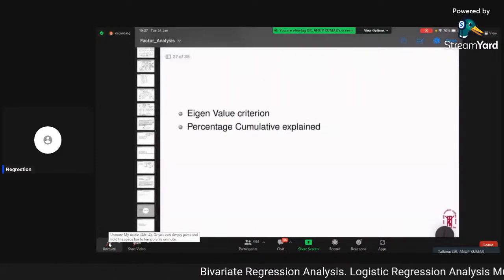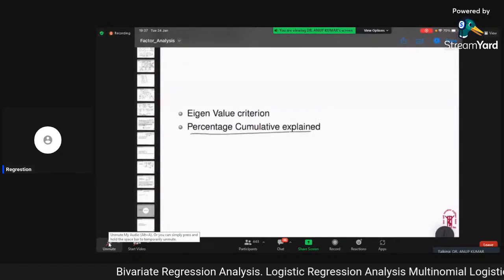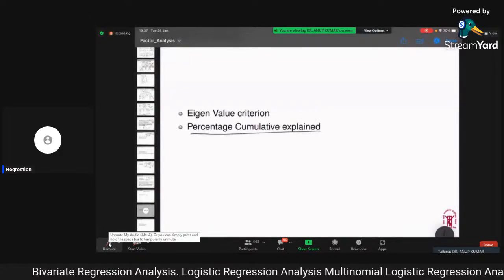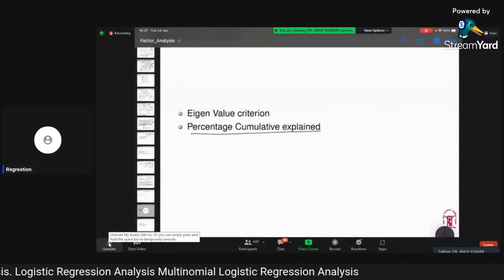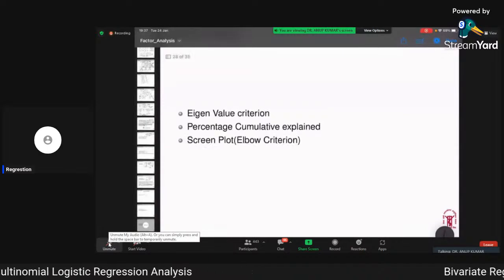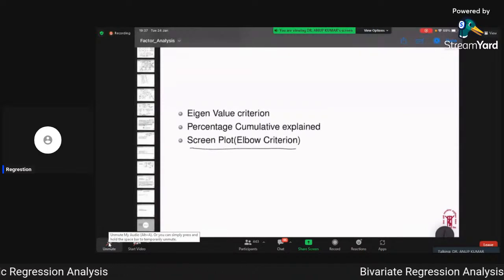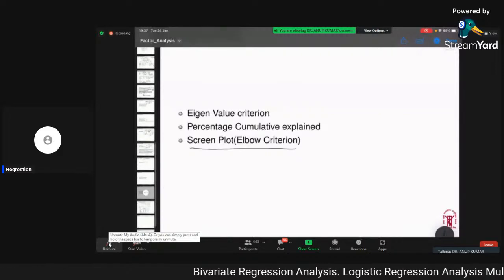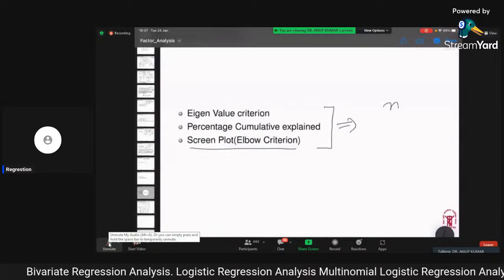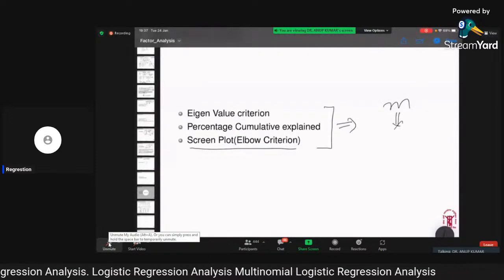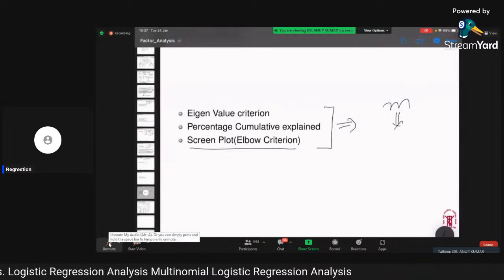Another criterion is the cumulative percentage explained, meaning how much percentage of variability is explained. The third criterion is the scree plot or elbow criterion. By these three techniques, we can decide out of m factors how many factors we should discuss.